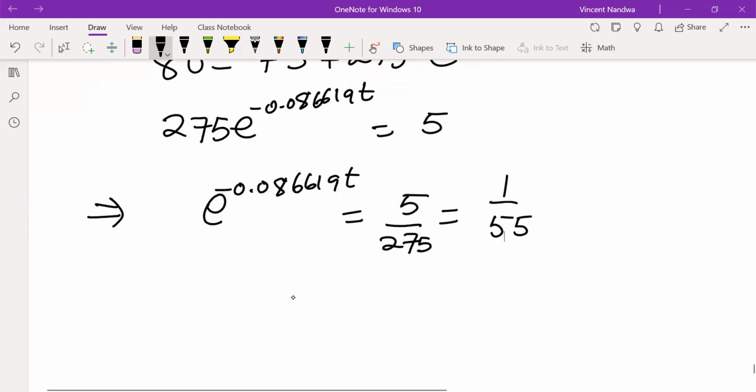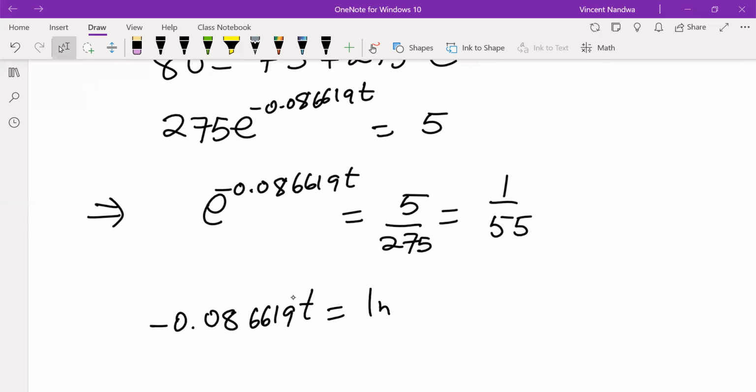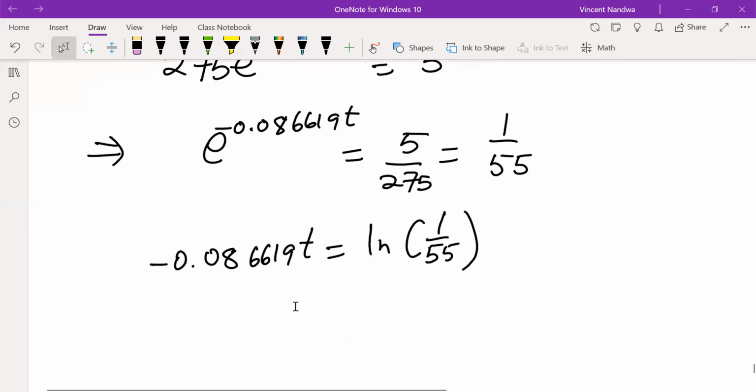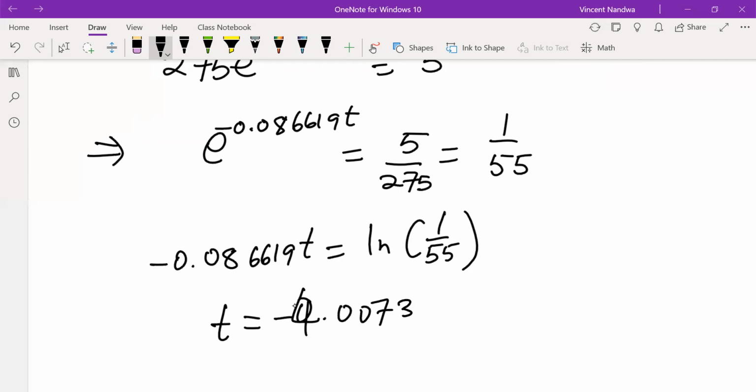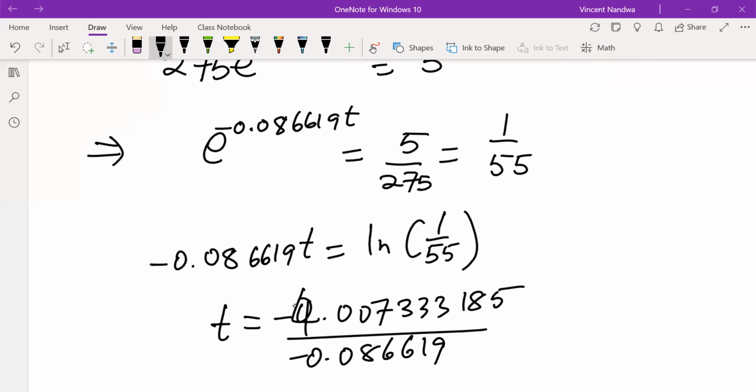Introducing ln on both sides, we have negative 0.086619 t equals ln of 1 over 55. So t equals, now ln of 1 over 55 is the same as ln of 1 minus ln of 55, which is negative 4.0073333185, divided by negative 0.086619.